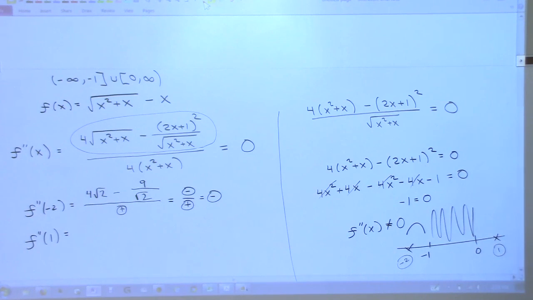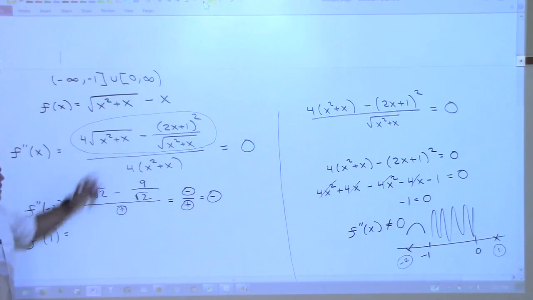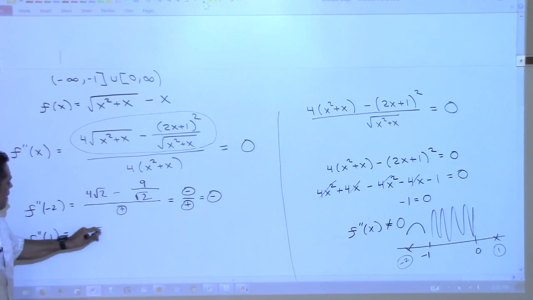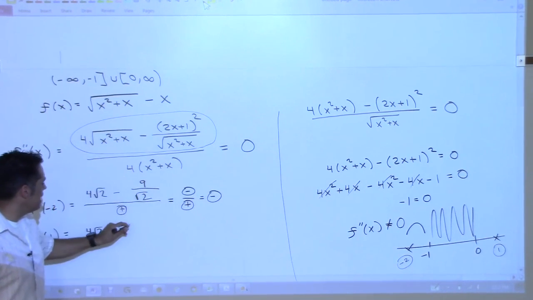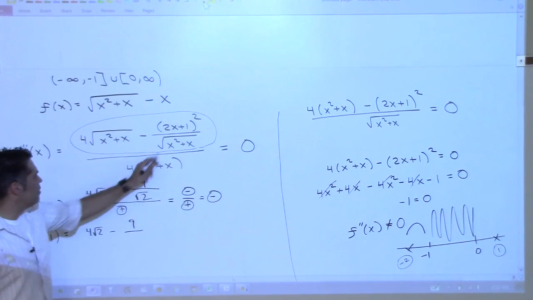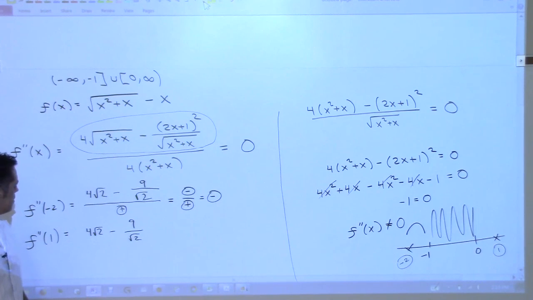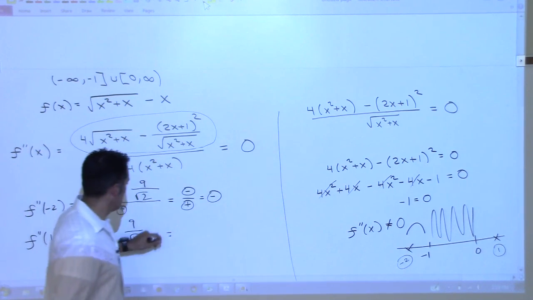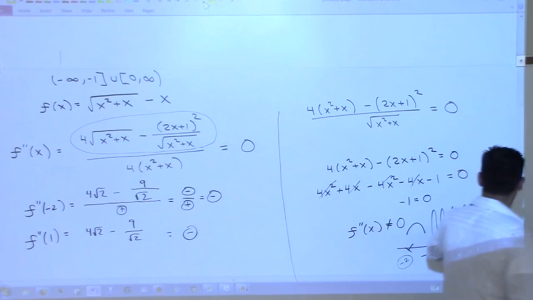And then let's see what we get when we plug 1 in. So we get 4 root 2 again, minus 1 into here, this is going to give us 3, that's going to give us 9 again, over 1 plus... there is root 2. It's the same thing, isn't it? So we get negative again, which means we're concave down over here.